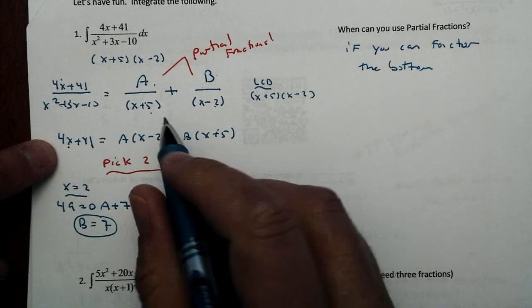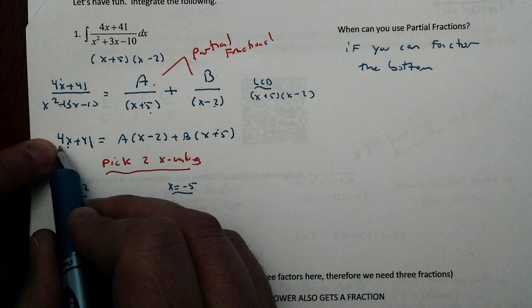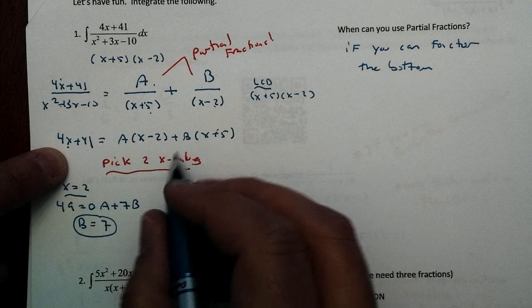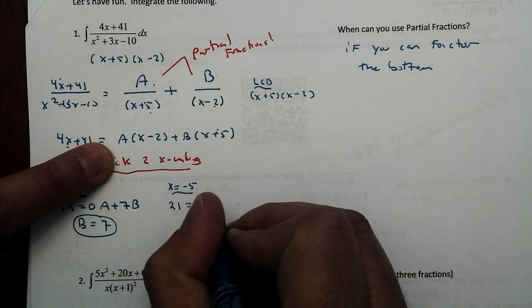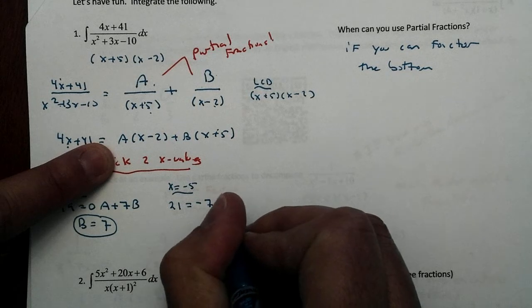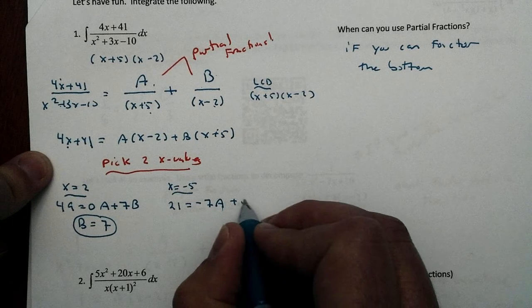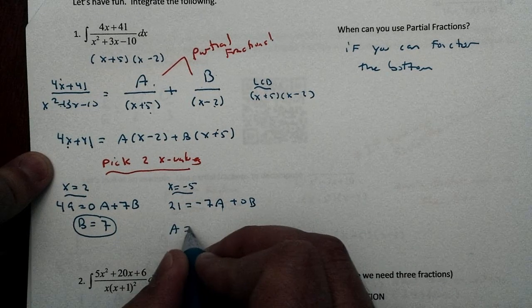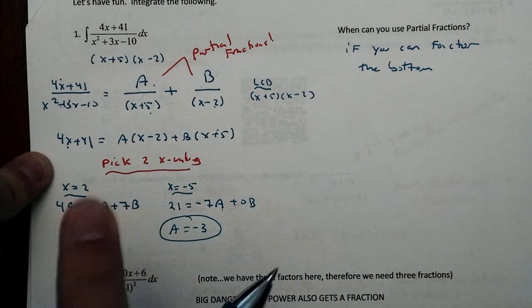Plugging negative 5 in, we get negative 20 plus 41, which becomes positive 21, equals negative 7A, because negative 5 minus 2 is negative 7, plus 0B. So we know A is negative 3. That's the hardest part. Just remember this from pre-calc.